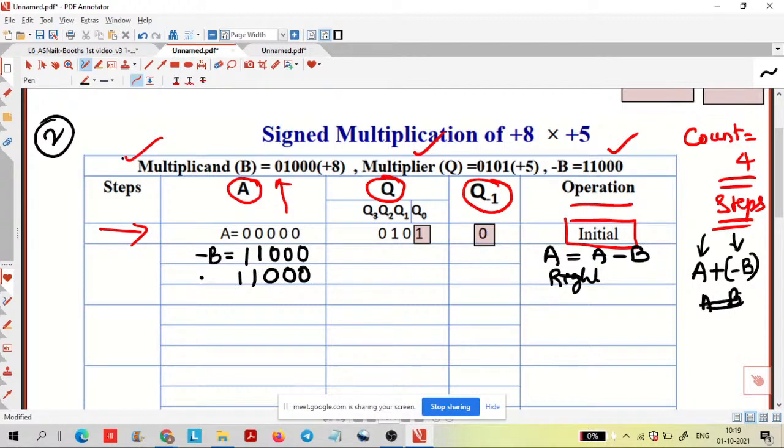Where does the result store? It is stored in the accumulator only.